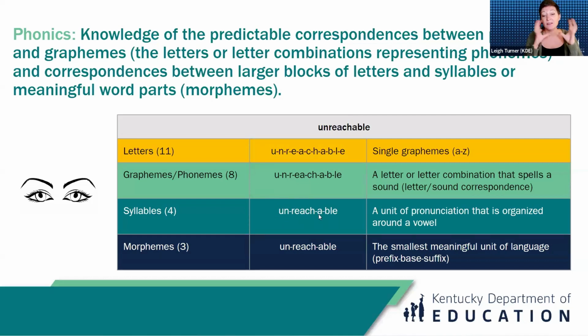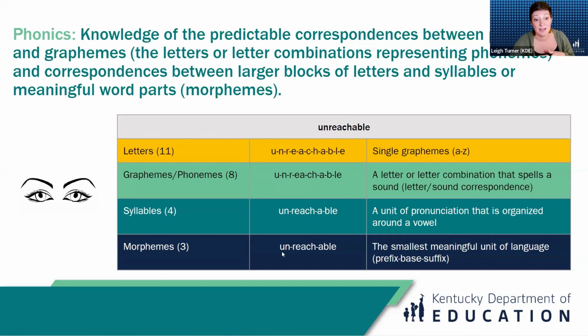And when we know the rules of syllables, and that's a whole other study that we could do another day, there are 6 main syllable types, and all those syllables have different spelling rules. And the different spelling rules for the different syllables are going to make you say the vowels in different ways. And so being able to break apart the word unreachable into its 4 syllables is going to help a child later when they come across those multisyllabic words for both reading and spelling.